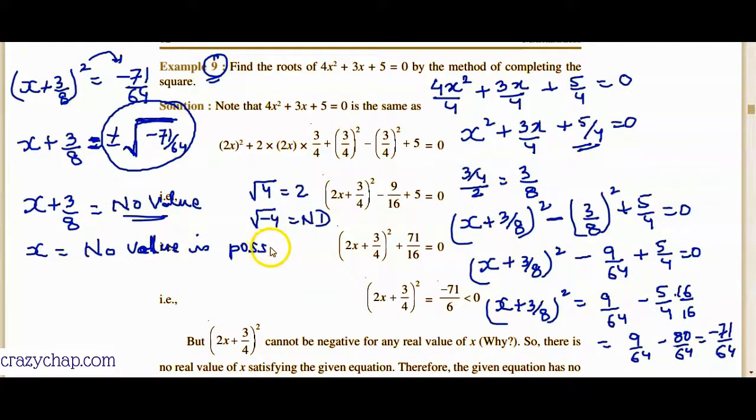Now in the beginning we had learned that in a quadratic equation we can have at most two roots. It means we can have 0 roots or 1 root or 2 roots. So in this case we did not get any value of x. So this is a case when we have 0 roots, meaning there is no value of x possible. So basically this quadratic equation has no roots, okay? Hope it makes sense, guys.